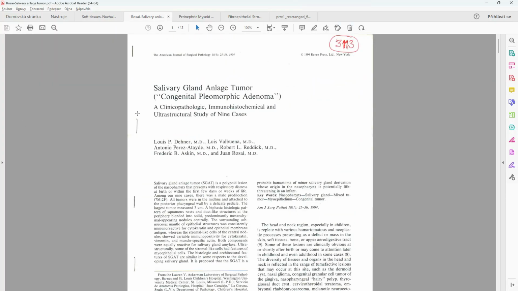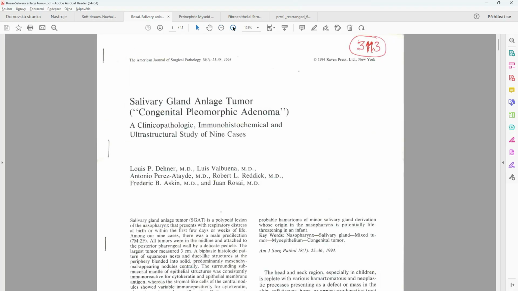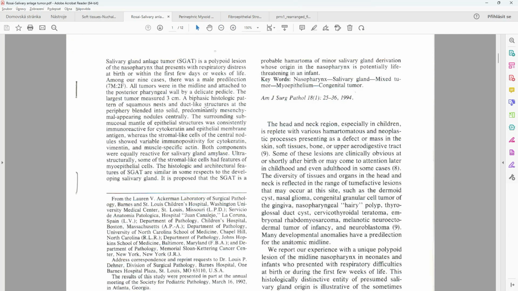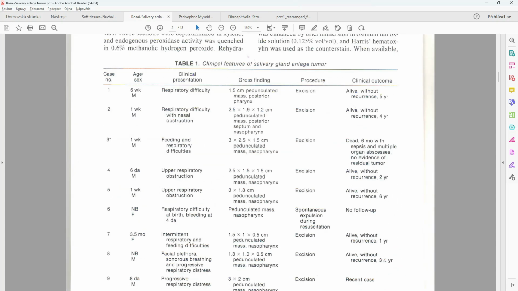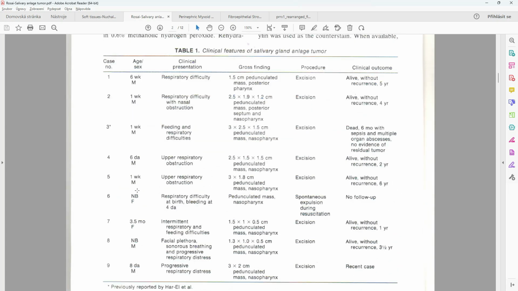I speak about this tumor. It was already described 30 years ago, but very few people ever saw it. We have 12 cases of it. It's always inborn, always in children. So we have one case which was excised at the age of 4, but the patient had the tumor since being born.